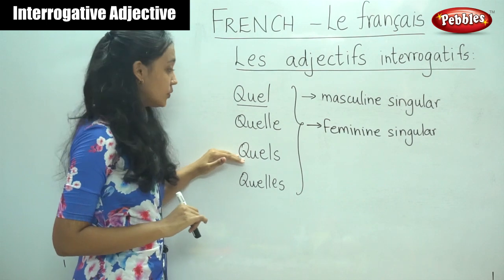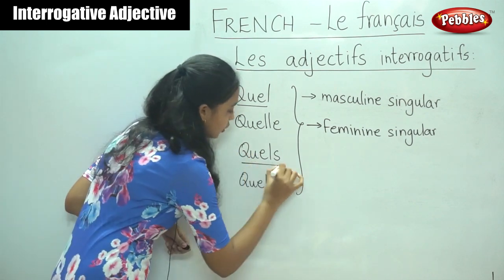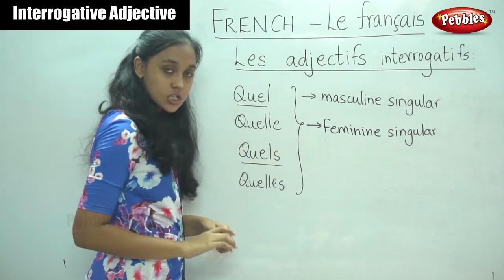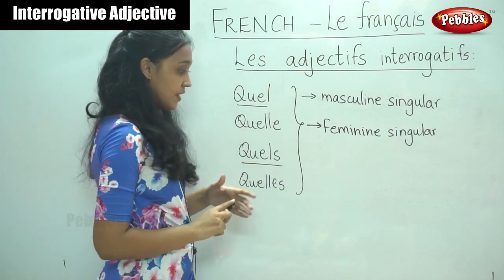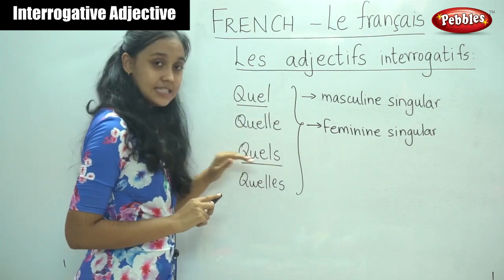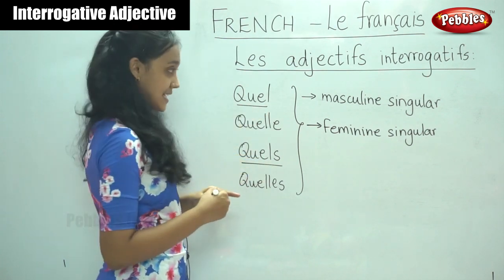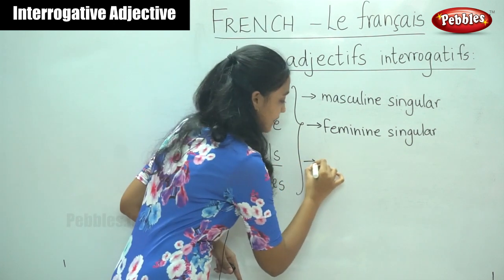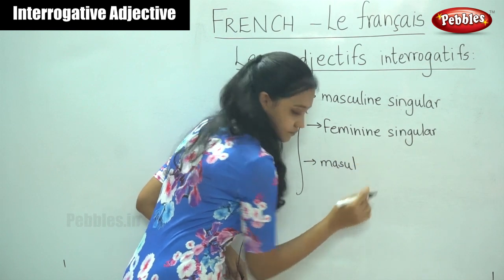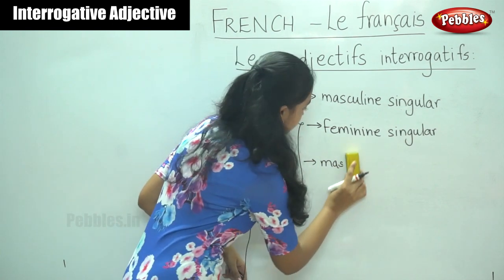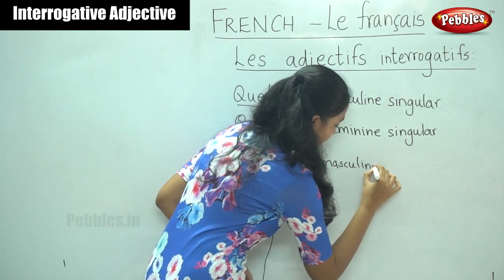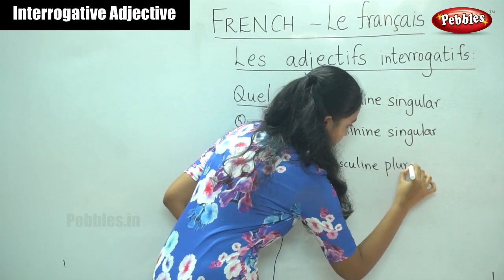Now, when would we use this word, quels? It is also pronounced quel. It also means what or which. How does it differ from the use of this quel? This word is used in a sentence where the noun is masculine plural.